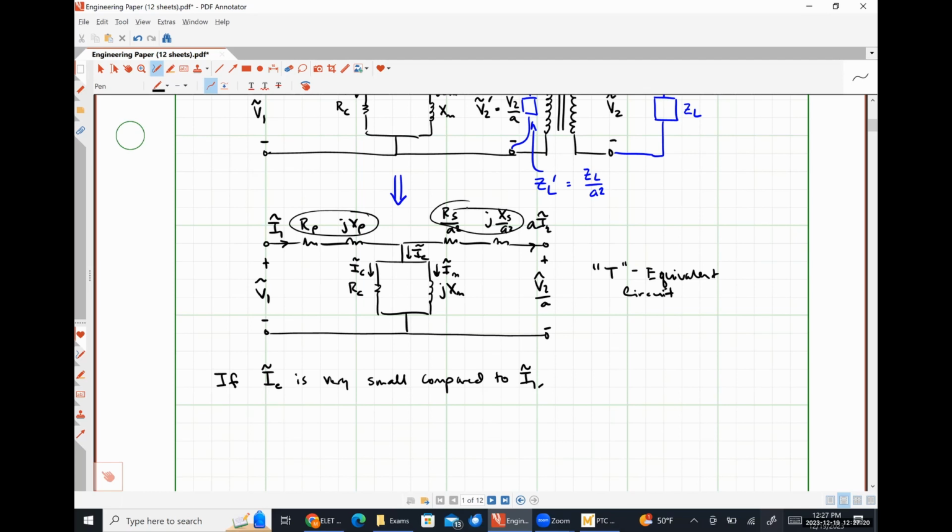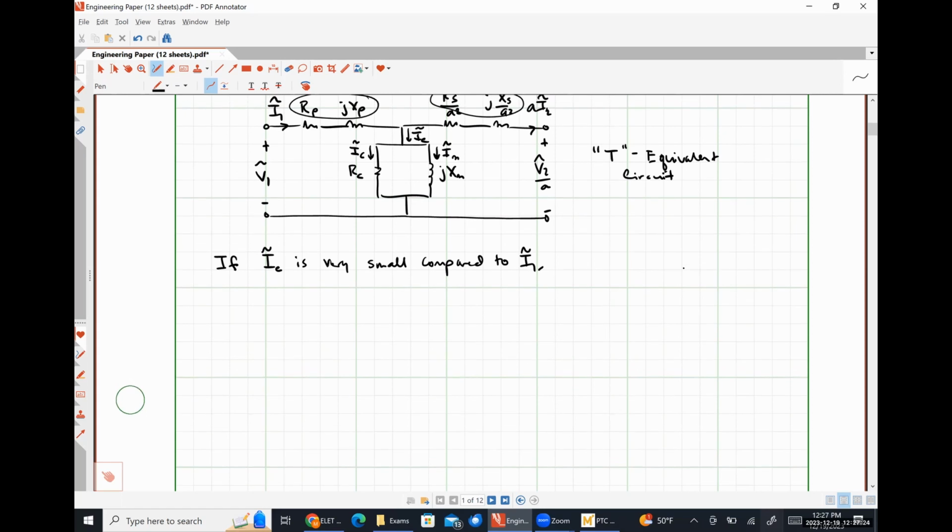So we can actually simplify things by just putting those in series. So this is what's going to be called the cantilever equivalent circuit. And that's what we are going to use for all of our analysis.